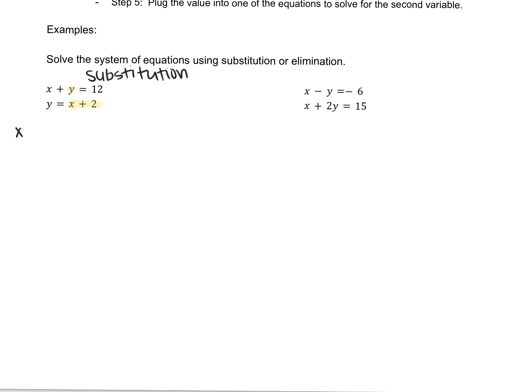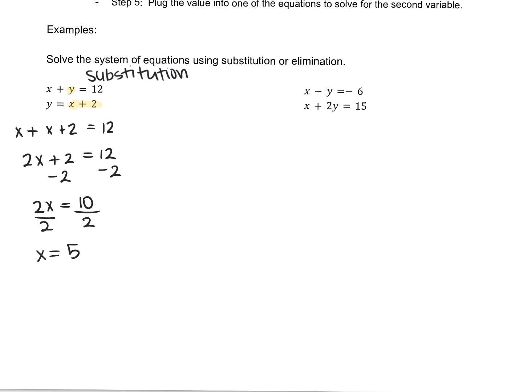So it becomes x plus 2 equals 12. I'm going to combine like terms. I get 2x plus 2 equals 12. Subtract 2 from each side. We get 2x equals 10. Divide by 2, and x equals 5.